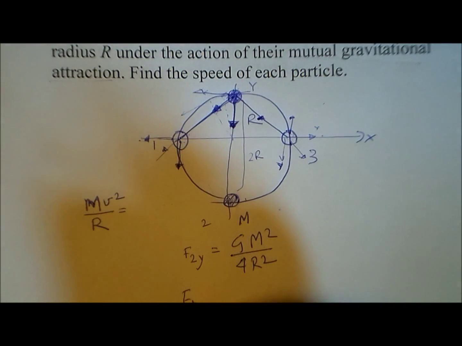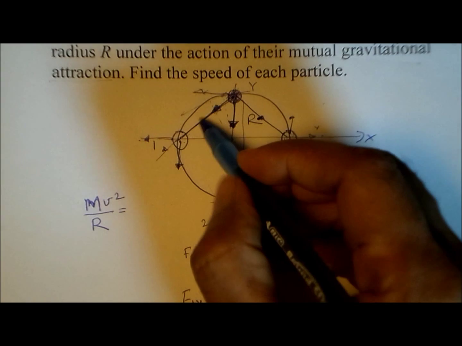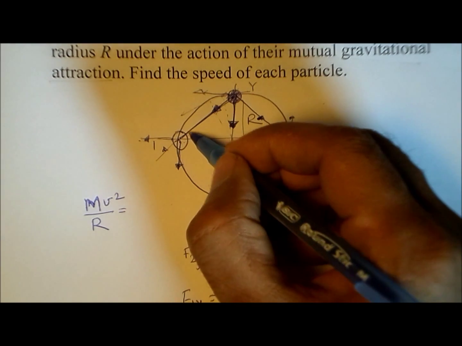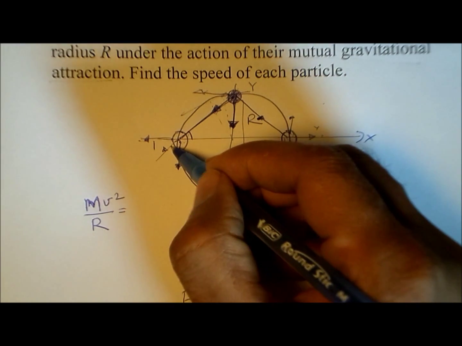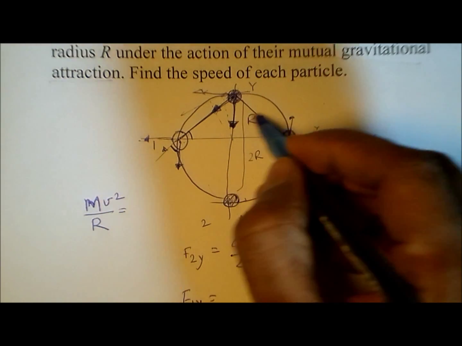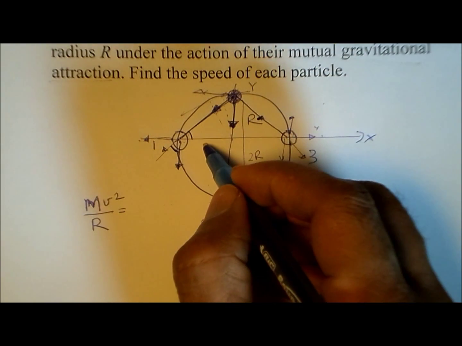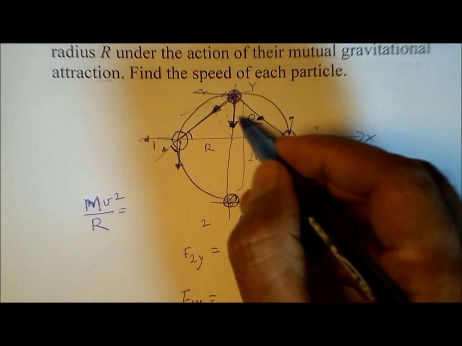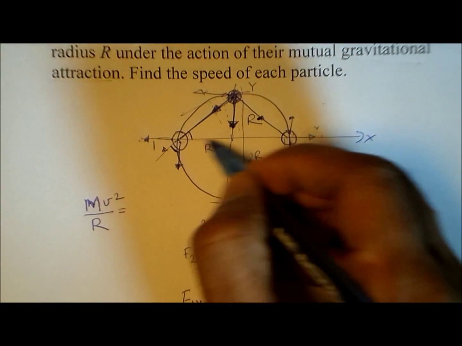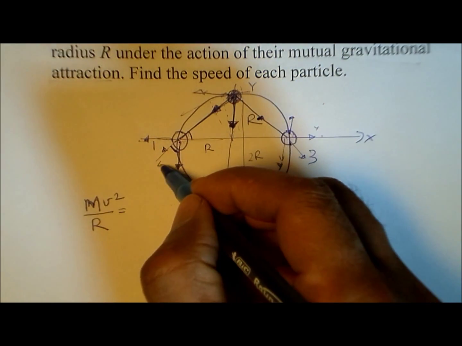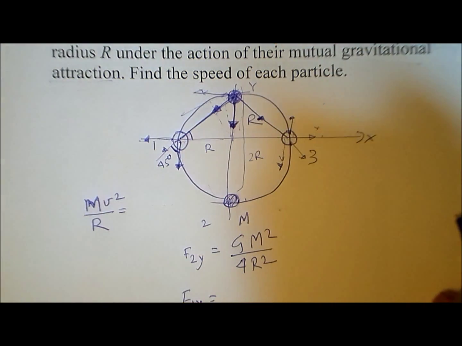So we find out F1y as follows. Let's call this angle theta, and we know its magnitude because this is r, this is r. So it's a right angle triangle, and this angle is 45 degrees.